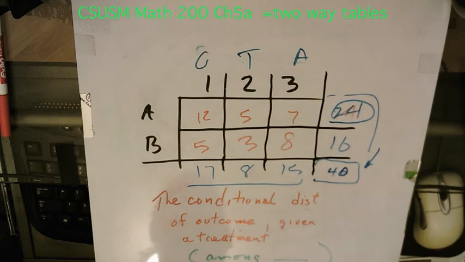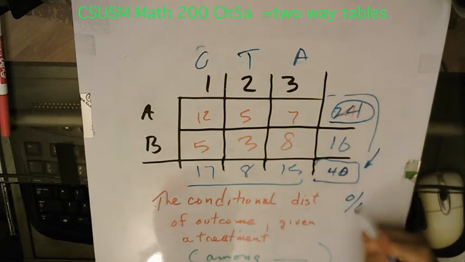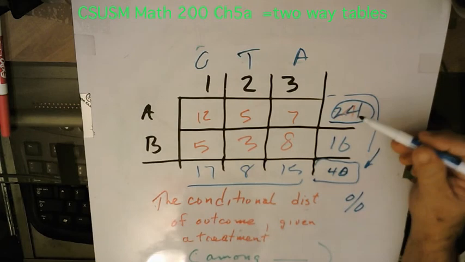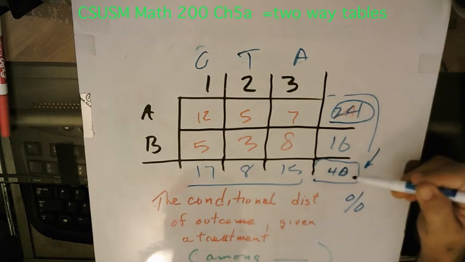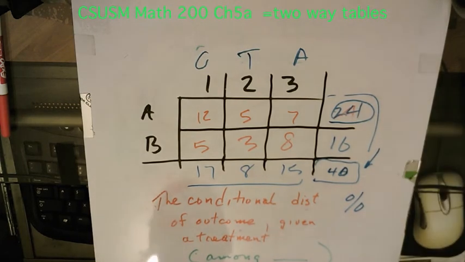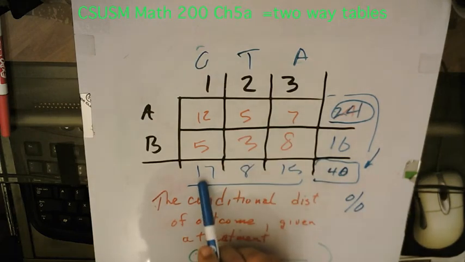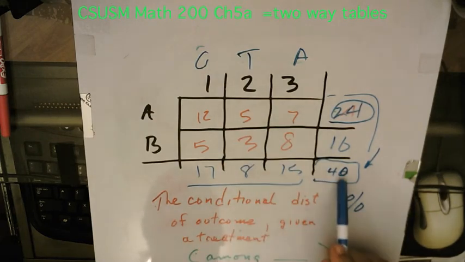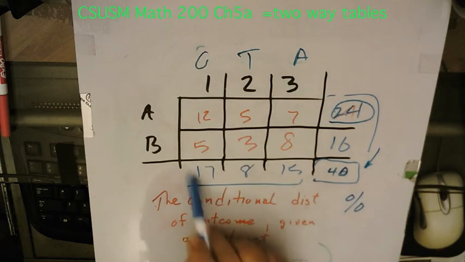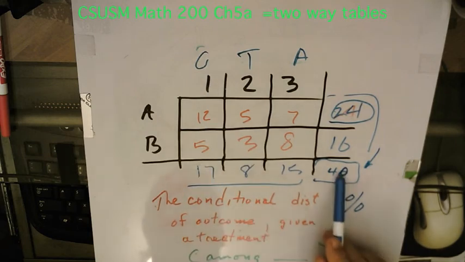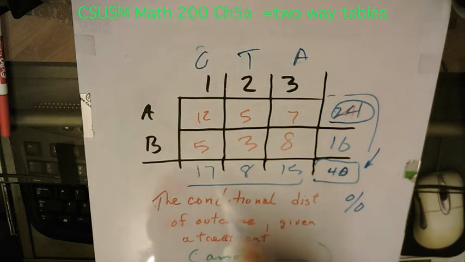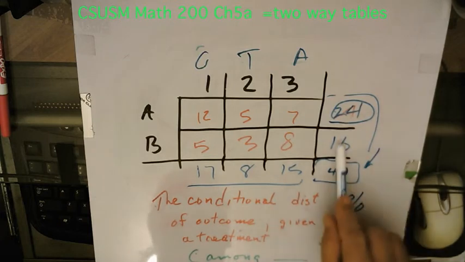And when we talk about distributions, we usually express them in terms of a percent. You could also just leave it as a fraction, 24 over 40. If I were looking at the marginal distribution of children, I'd say 17 out of 40. I come down the column, I take the column total, and I compare it to the overall total. So when I use the term marginal distribution, I'm talking about these numbers out here on the edge, or the margin.